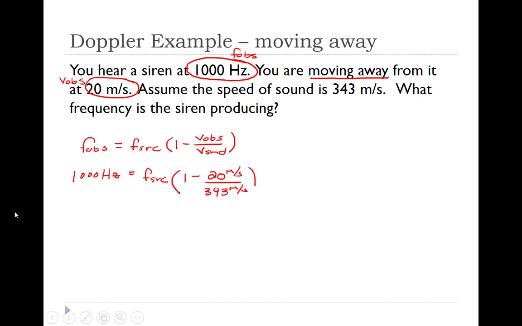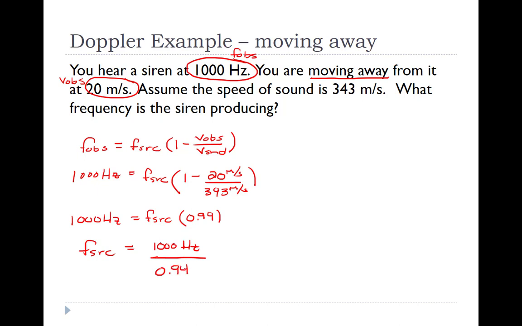So if I put 1 minus 20 divided by 343 into my calculator, that gives me that this is the frequency of the source multiplied by 0.94. That still has to equal 1,000 hertz. So in this case, the frequency of the source will be 1,000 hertz divided by 0.94.